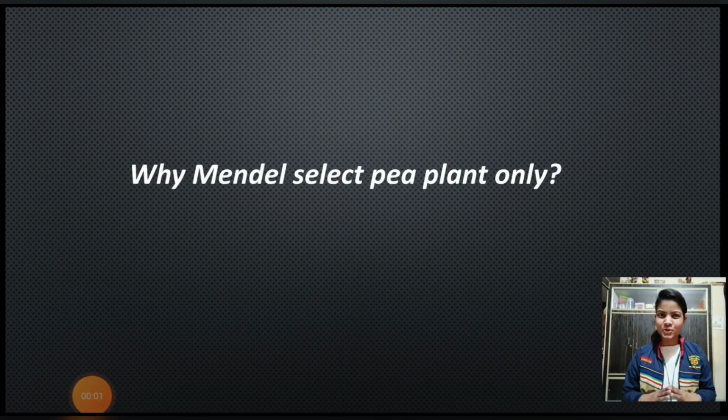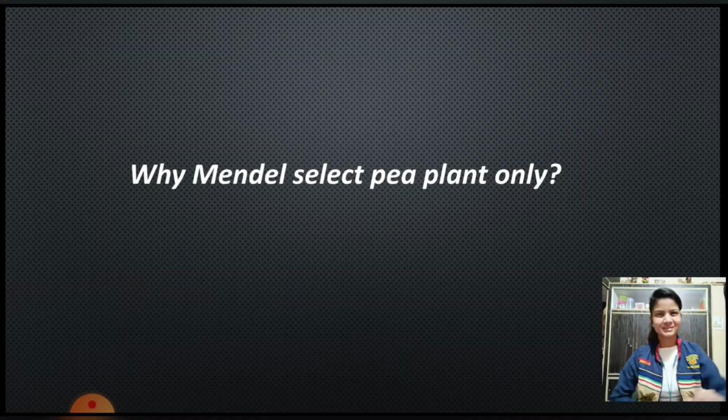One more question comes into your mind: why did Mendel select only the pea plant? The garden pea plant is suitable for such studies because it has the following advantages.